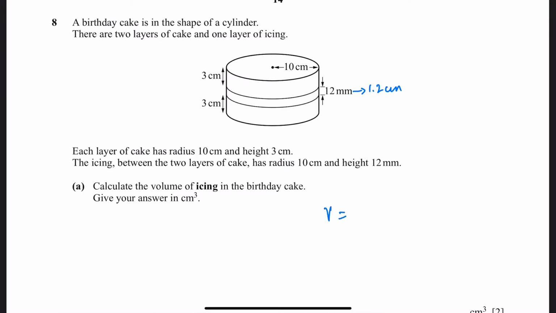So I'm going to say 3.142 into 10 squared into 1.2. So that gives me 377.04.